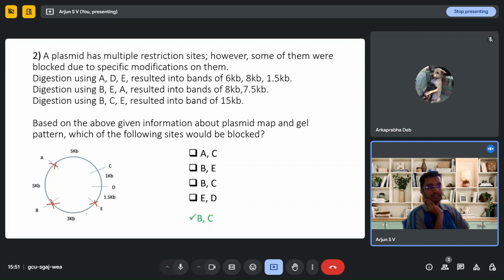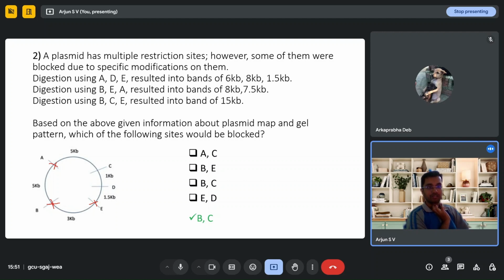So cutting down A, B, and E should give you 7.5 and 3 and 5. But instead of that, it's giving you 7.5 and 8. So from this itself, it's pretty obvious that B is not functioning.